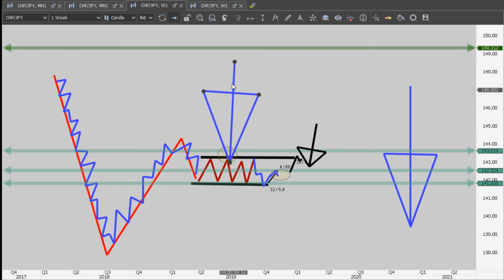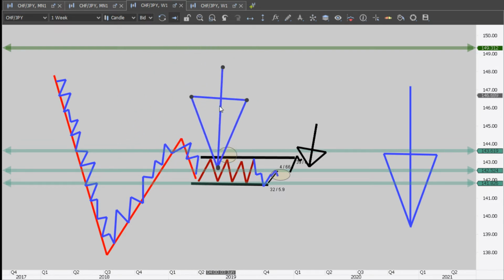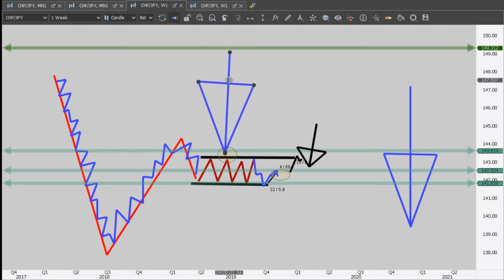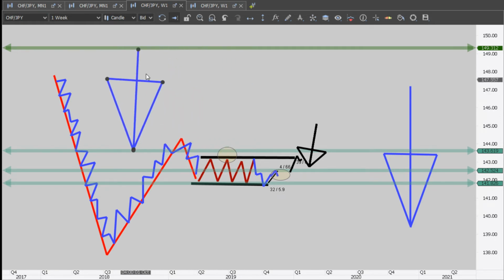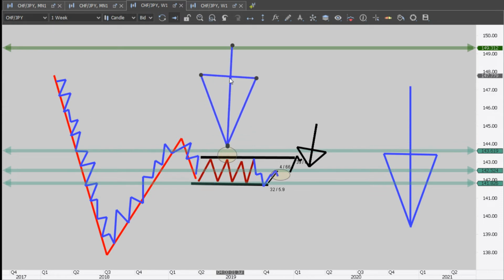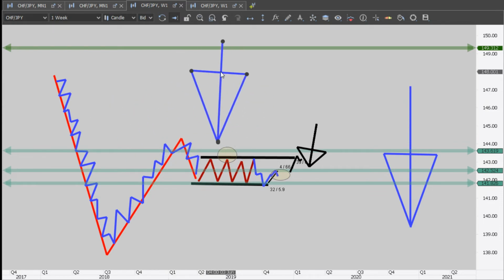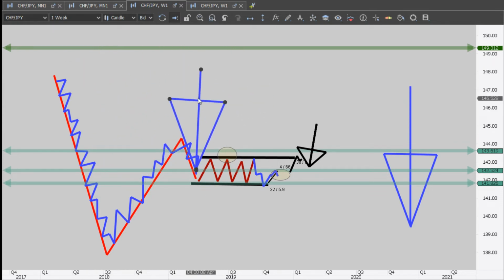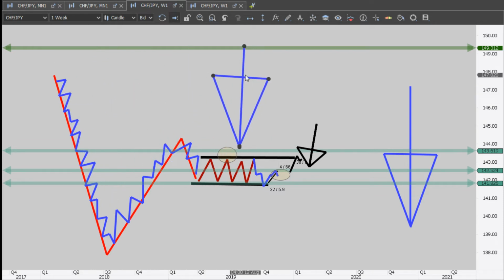Now, good point, in the beginning this is normal. My mentor was telling me, you need to follow structure, and I was following structure and I was losing. You need to follow the market wave, and I was following the market wave and I was losing.